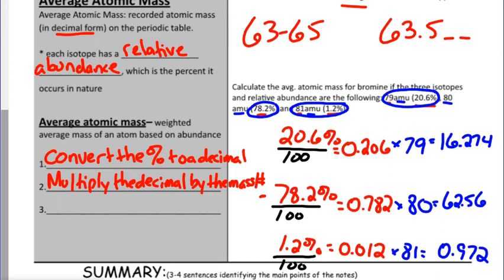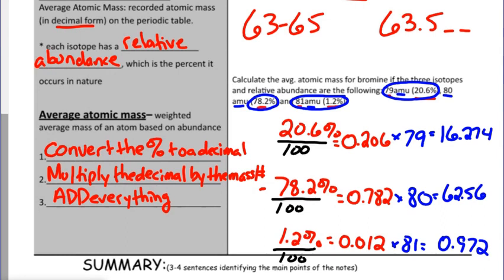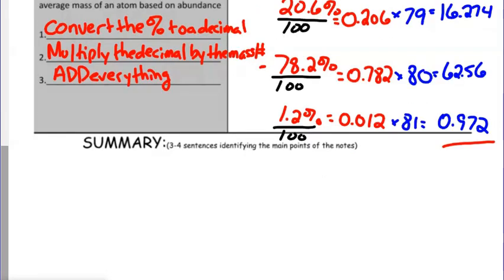Okay, so the last step is a nice and easy one. We add everything together. I'm going to scroll down a little bit. We'll draw a line underneath all of these products, and then we're just going to simply add 0.972, 62.56, and 16.274 all together.